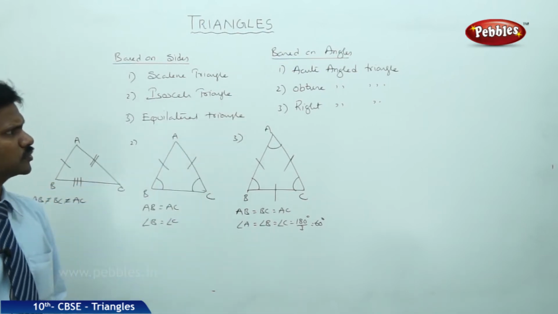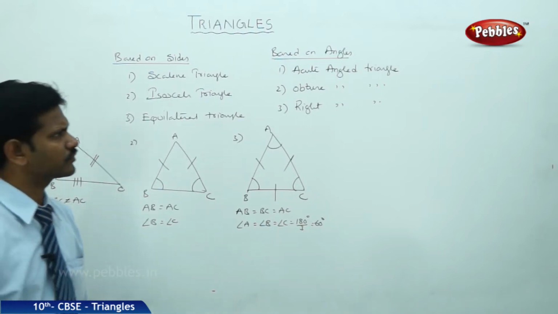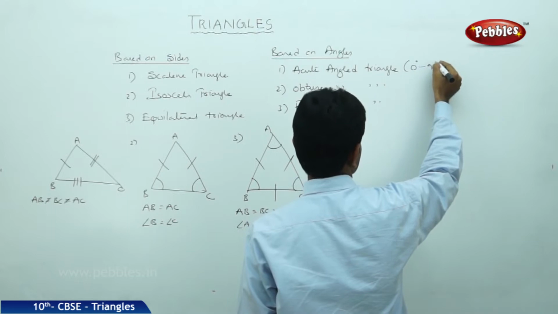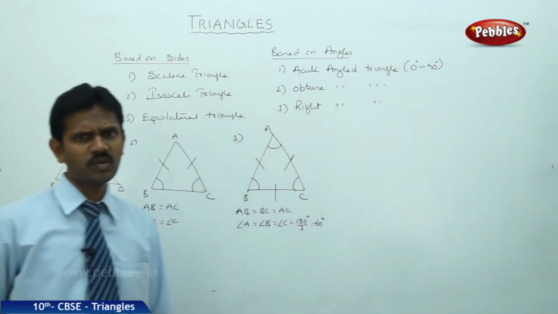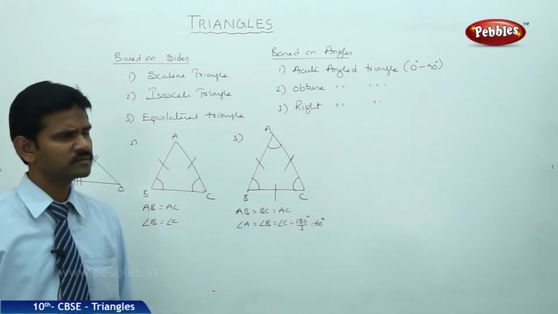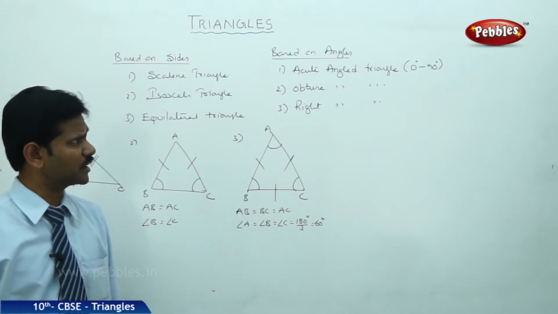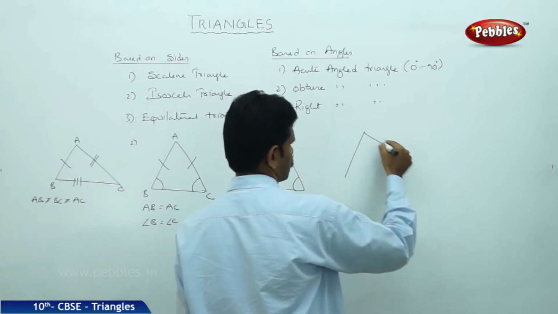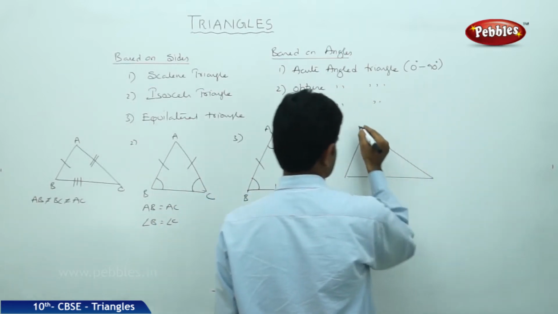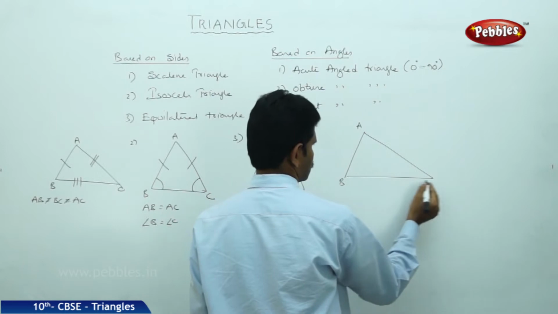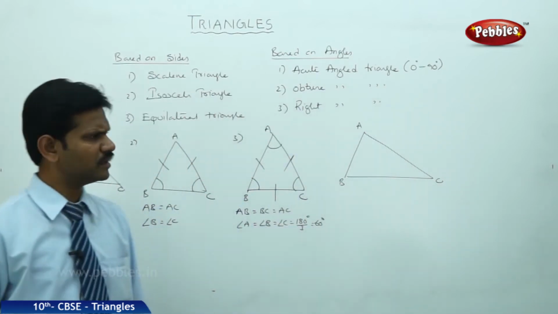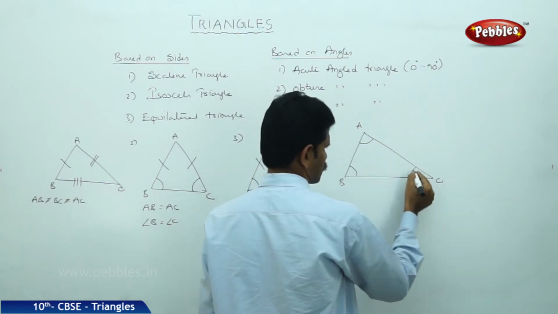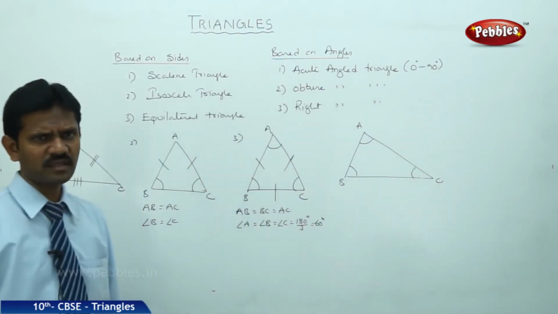Now, let us come to the acute angle triangle. Acute angle means which measures between 0 to 90 degrees, and 0 and 90 are not included here. For example, say ABC, a triangle in which all the angles are acute.